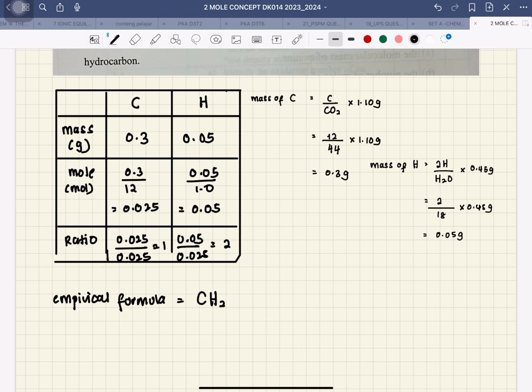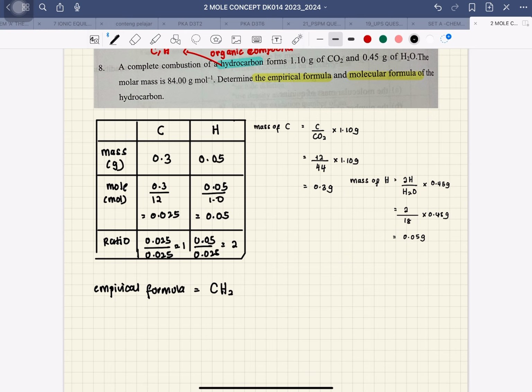Okay. Now, as you can see here, another question is to find molecular formula. So molecular formula, let me highlight with purple. It is related with molar mass, always related with molar mass. So how can we find the molecular formula?